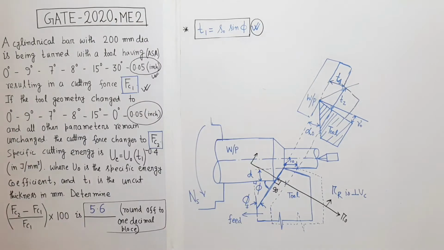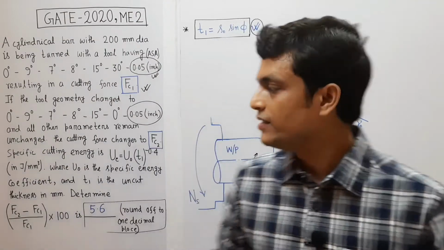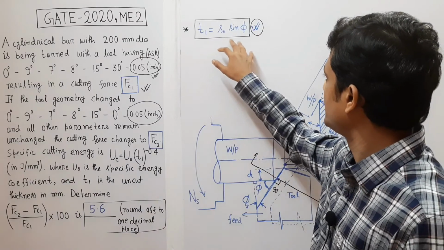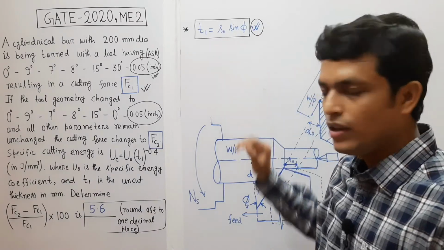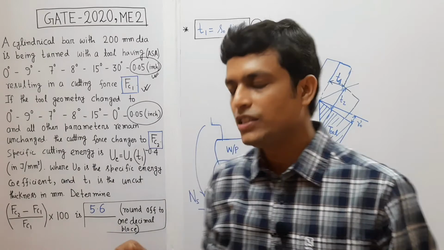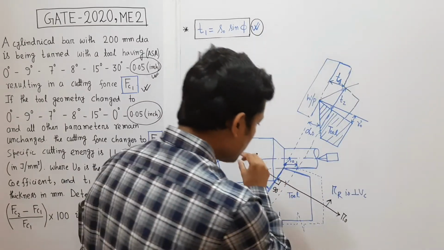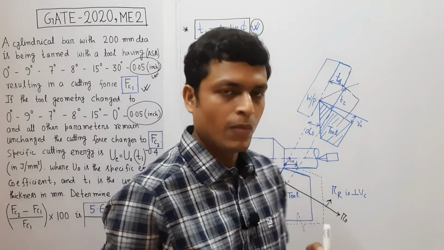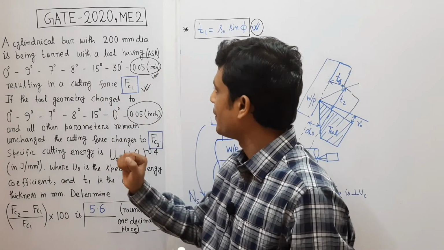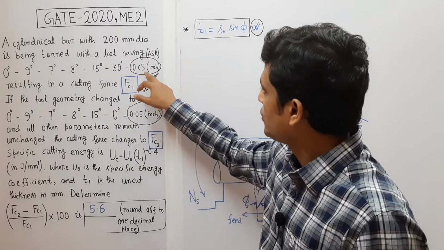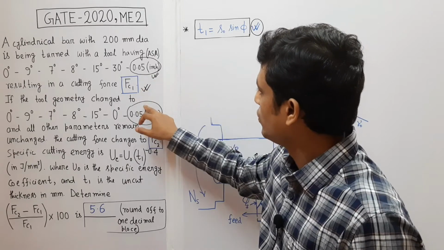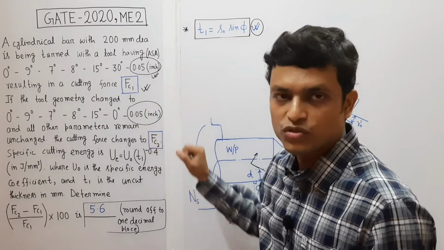Now, we have developed this equation, that T1 is S0 sin phi, and we have seen the condition is orthogonal machining, that is, the chip is flowing through the orthogonal direction. But let us come to this problem. Here the tool has a finite nose radius.